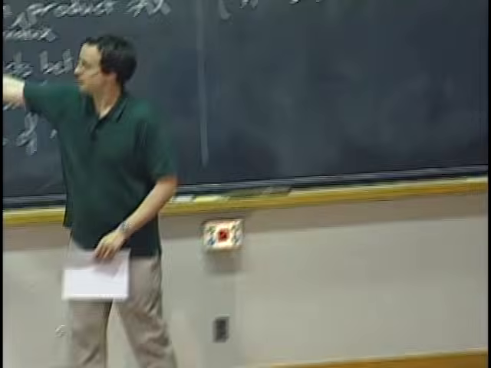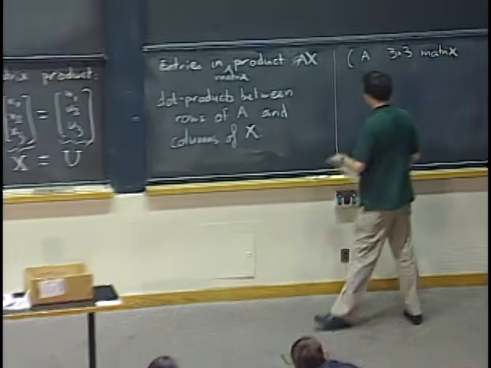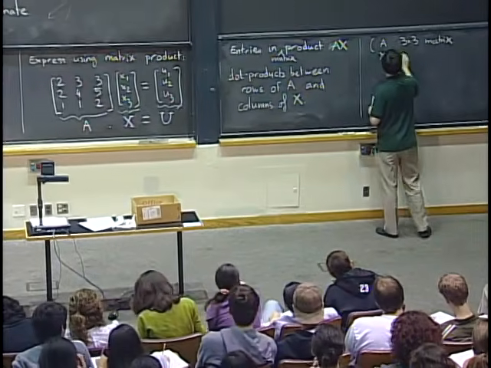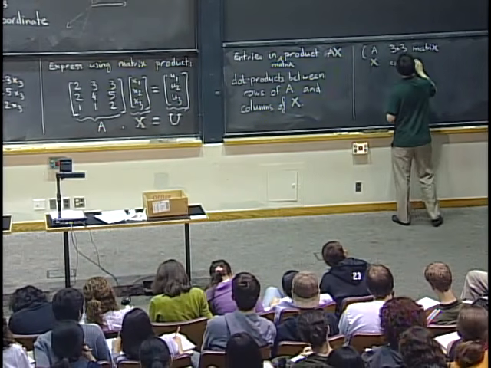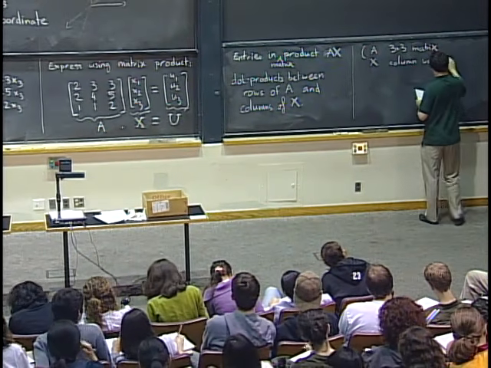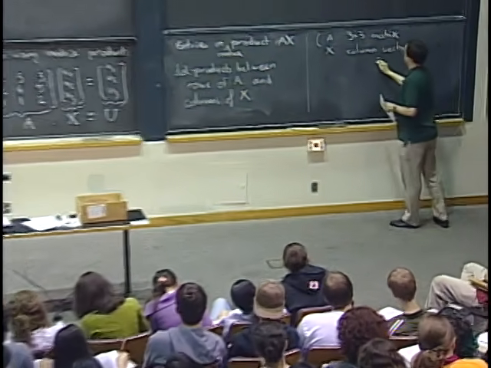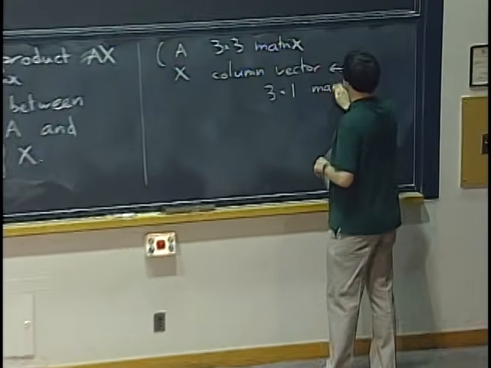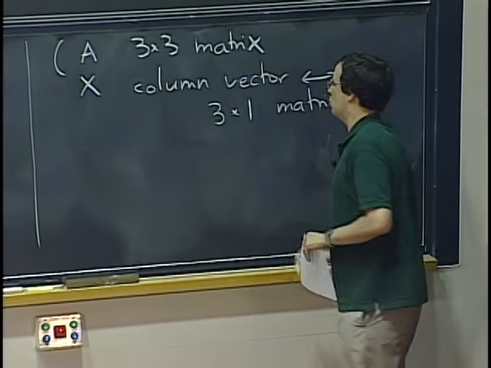That just means there's 3 rows and 3 columns. And X is a column vector, which we can think of as a 3 by 1 matrix. It has 3 rows and only 1 column.